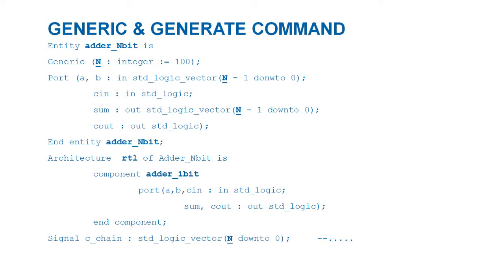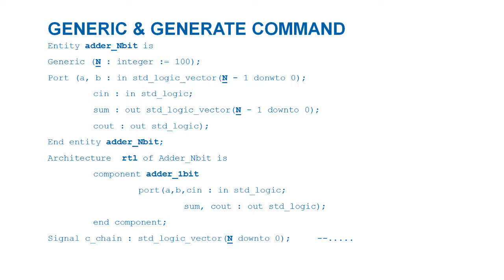So we have entity adder n bit, and in this construct a generic that says n is an integer and the default value is 100. So when we instantiate this entity at a higher level, if we do not give n any value, then this n-bit adder will automatically become a 100-bit adder.